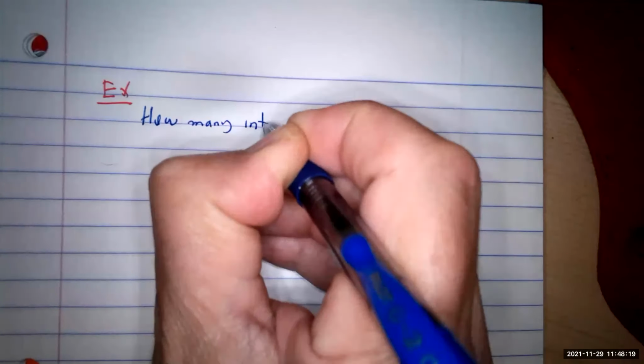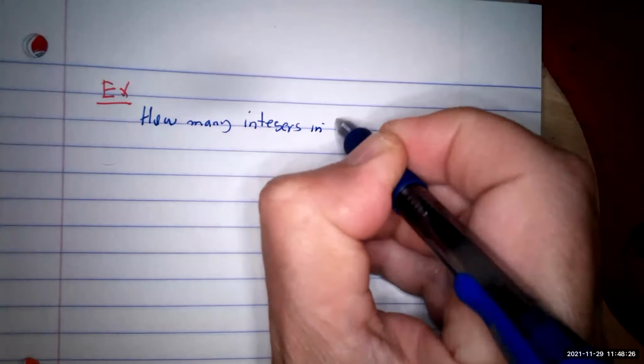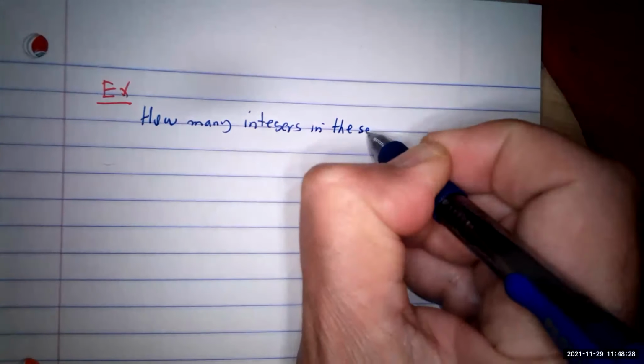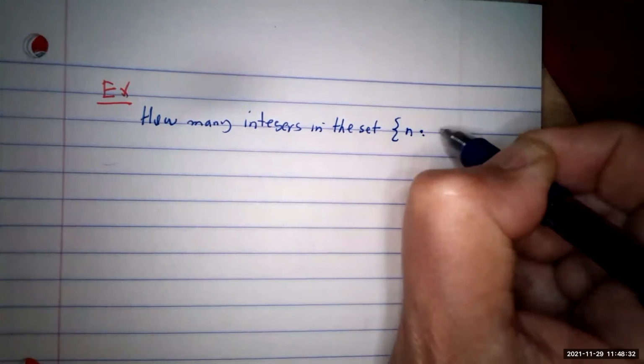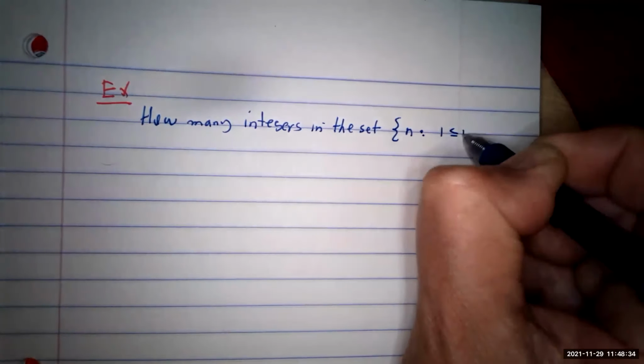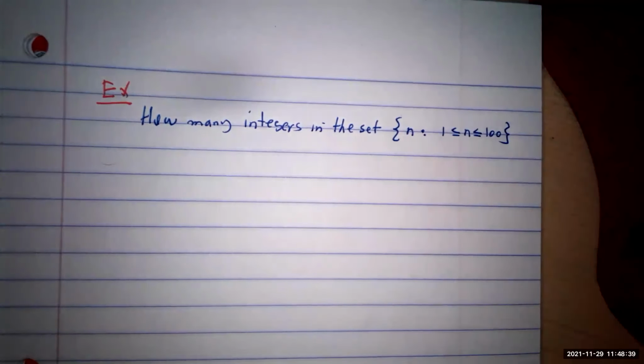That's it. We want to know how many integers in the set. The set is going to be n such that n is just going to be all the integers less than or equal to 100.